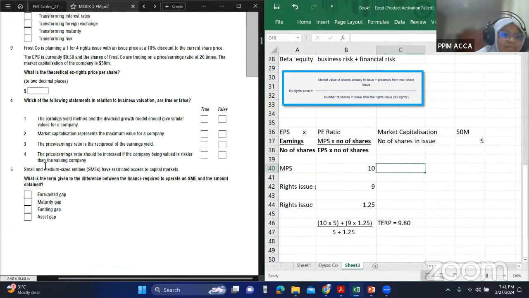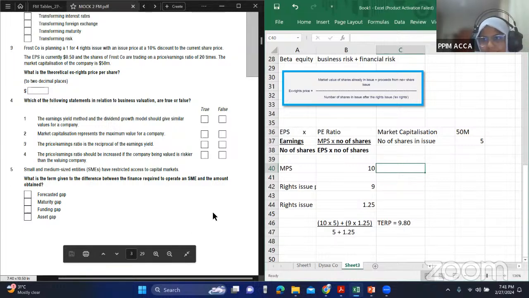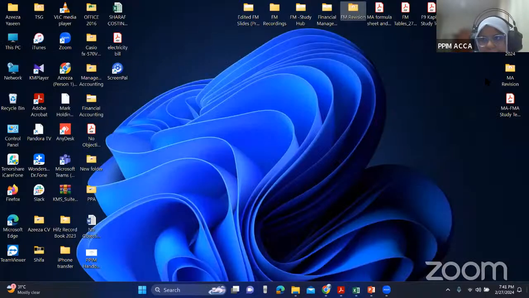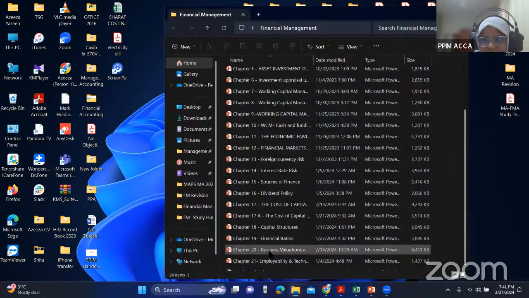Then it says, which of the following statements in relation to business valuation are true or false? First one is saying, the earnings yield method and the dividend growth method should give similar values for a company. So I'll quickly take you to a slide which has a quick summary of business valuation.